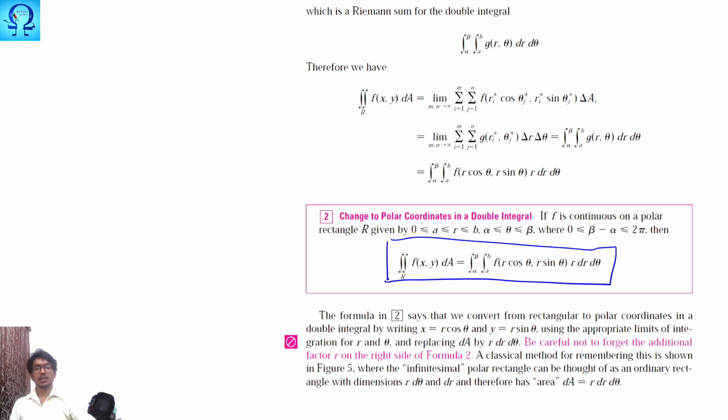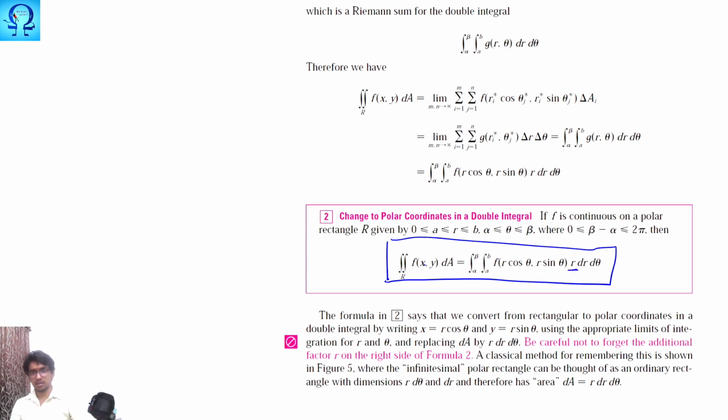Whatever is the given region R, from which we have to identify the alpha and beta values, then the integration follows, right? When you convert from rectangular coordinates to polar coordinates, make sure that you have this additional r.